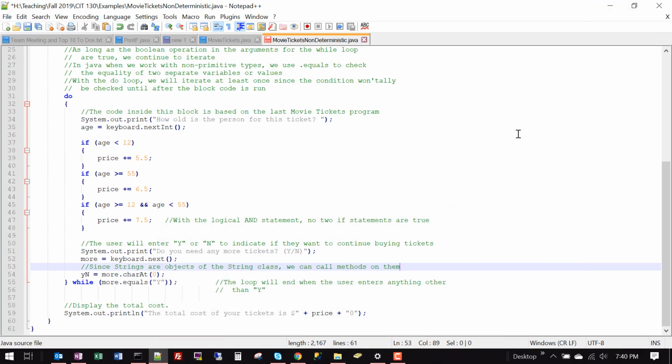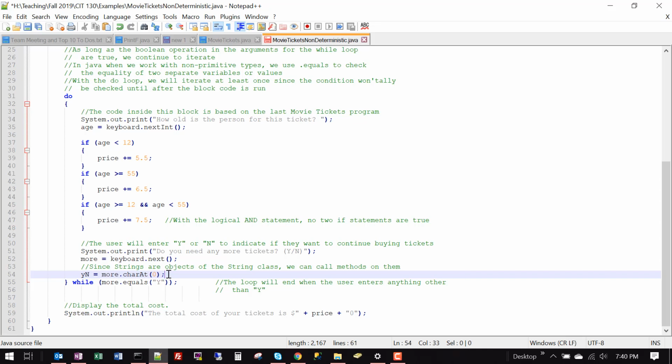Now, going back and thinking about an array, as a reminder, and again we'll be going over that soon in this course, an array is just a series of values held in a list. That list has indexes, or addresses, for each of the values. The addresses start at 0 and end at the length of the array minus 1.